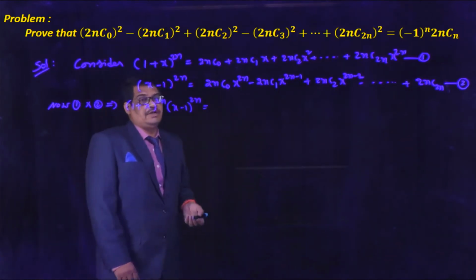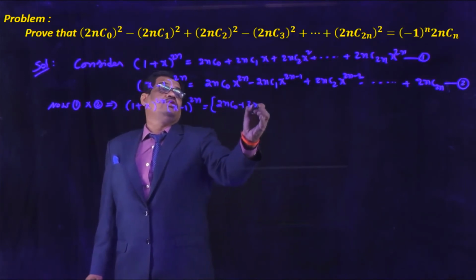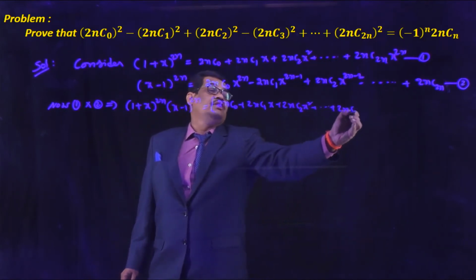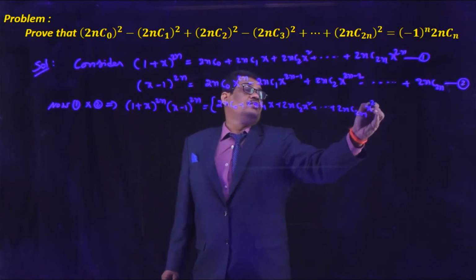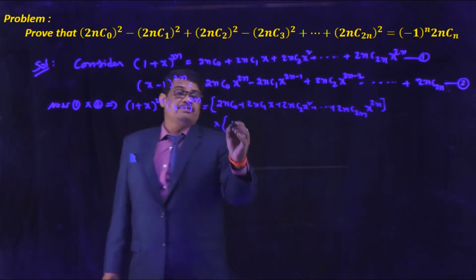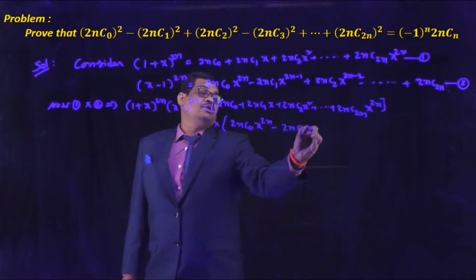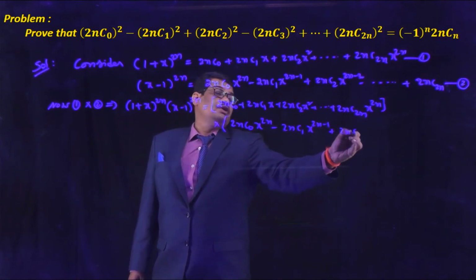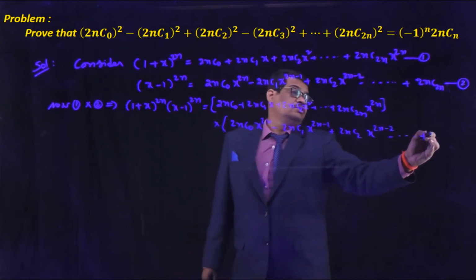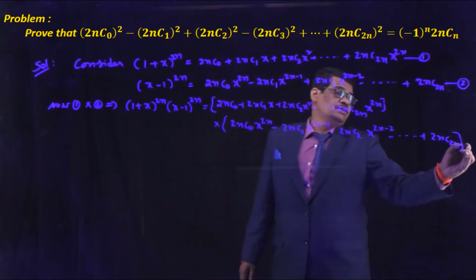In the RHS we are writing the product of these two expansions: 2nC0 plus 2nC1 x plus 2nC2 x square and so on up to 2nC2n x to the power of 2n, into the second expansion, 2nC0 x power 2n minus 2nC1 x power 2n minus 1 plus 2nC2 x power 2n minus 2 and so on, plus 2nC2n. That is equation 3.